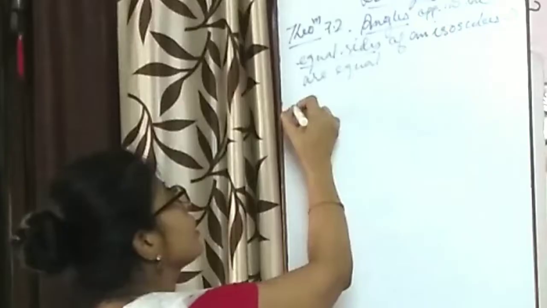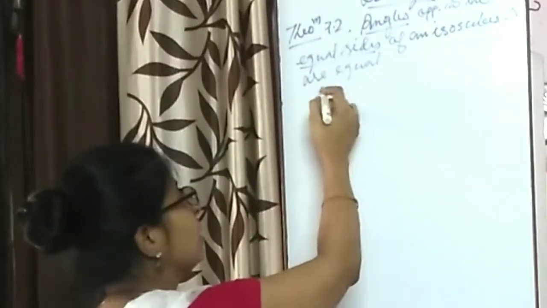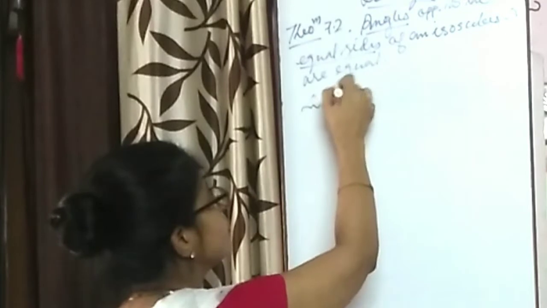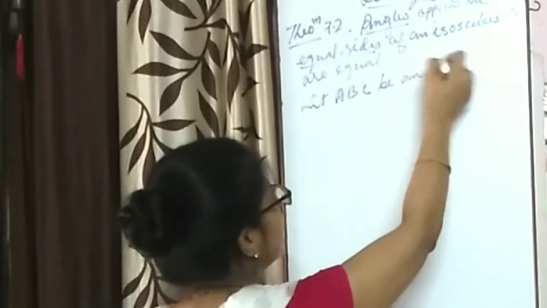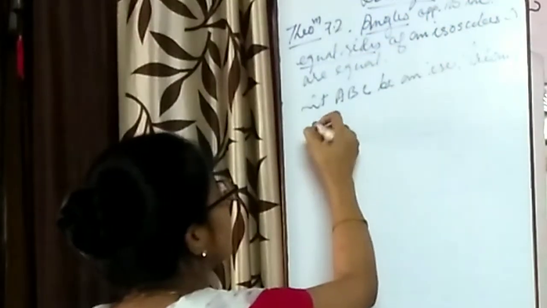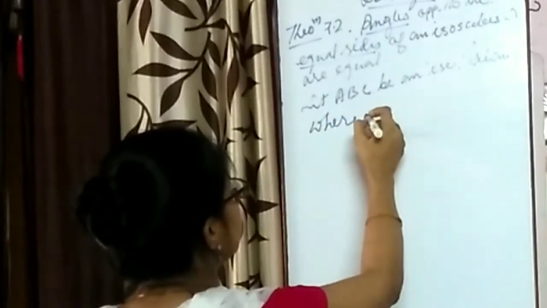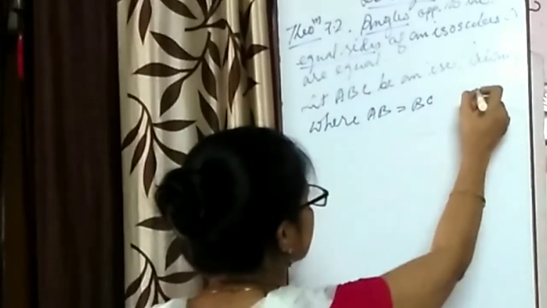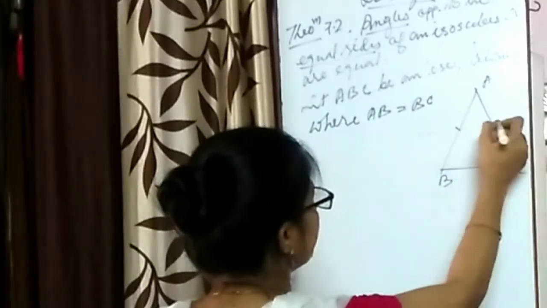You have to mention first, as we generally write the given part, the angles of the triangle. Let ABC be an isosceles triangle where the sides AB is equal to AC.